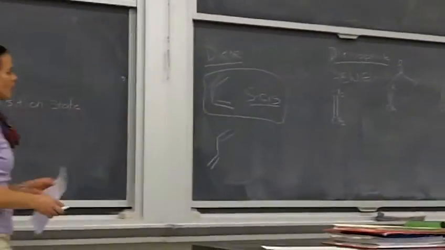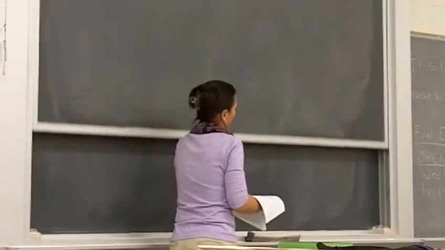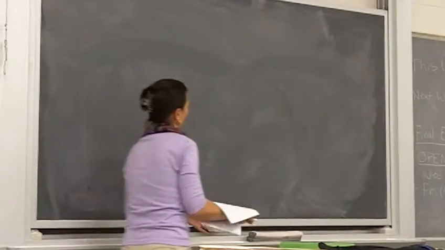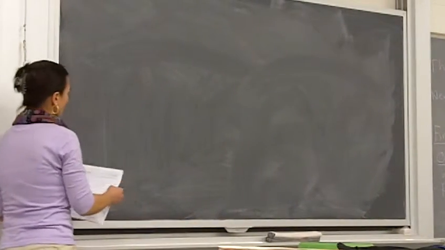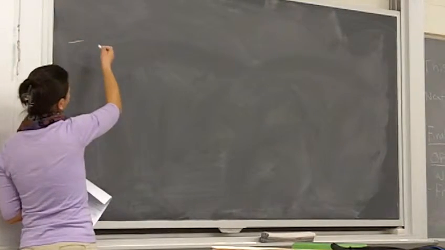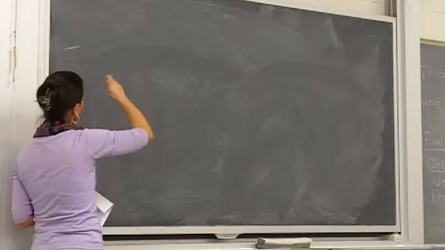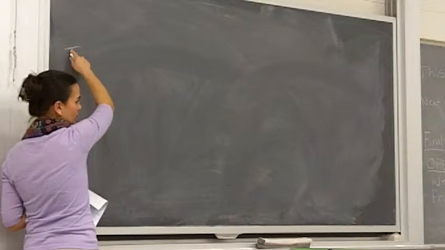Okay, so let me just give you a couple things more for what is going to be going on as far as workup, and then the rest of the time we're going to talk about experiment 13, thin layer chromatography. So once you have the reaction complete, we're going to talk about how you're going to TLC the reaction here in a minute. But you're going to have your reaction is complete.